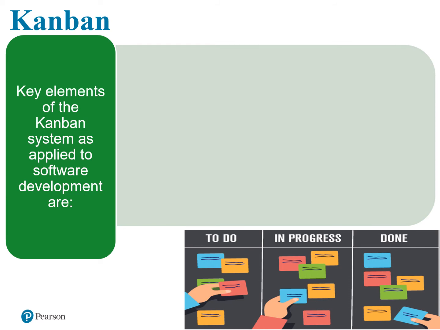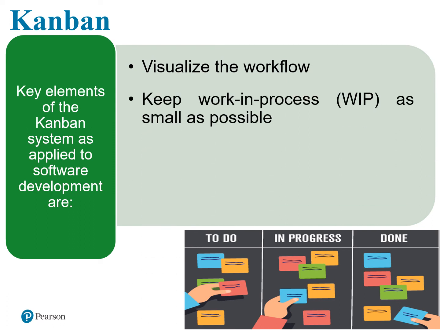Now we discuss the Kanban technique. Kanban is one of the techniques that help to track the performance, and it is a common practice in tracking the performance of software development. It visualizes the workflow and keeps the work in progress as small as possible.